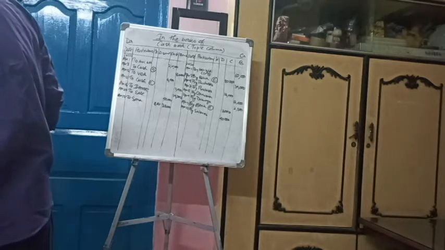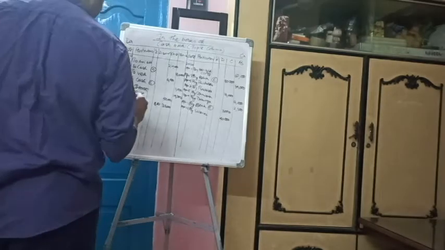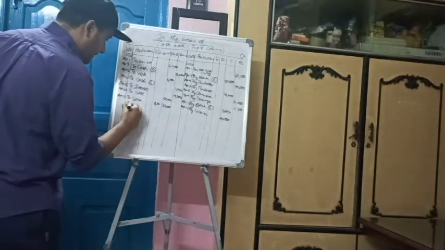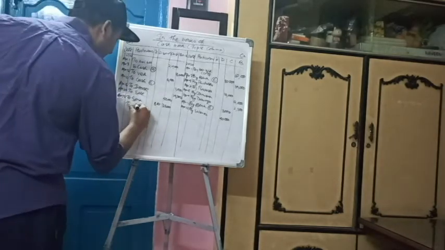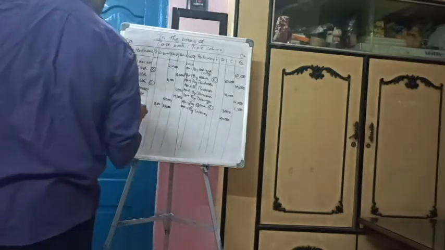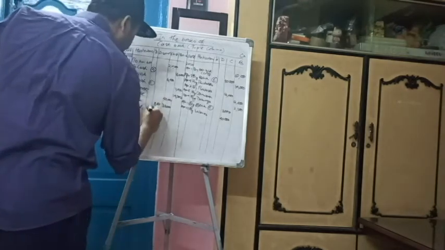That is given: deposit the check received from Sona and Company into the bank. The check we have received, we would deposit that into the bank. So again contra entry would happen. That means bank account debit to cash account. What is the amount? 35,200, to cash account, contra entry, 35,200.